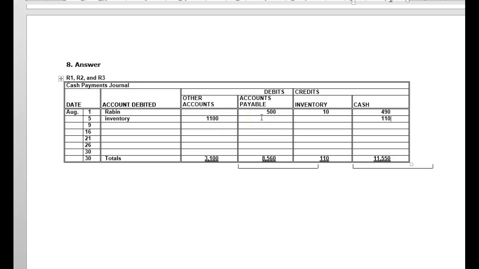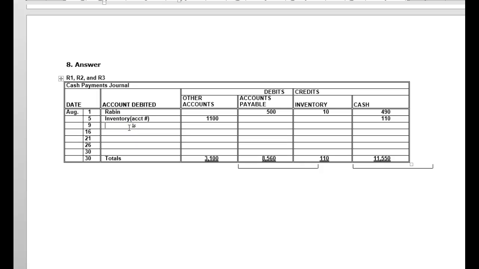Other accounts that are used minimally would end up here. And many times you would put in parentheses right here the account number. So when you go to post these, you're able to just post them directly to the general ledger. We'll do one more and then I'm going to let you do the rest on your own.